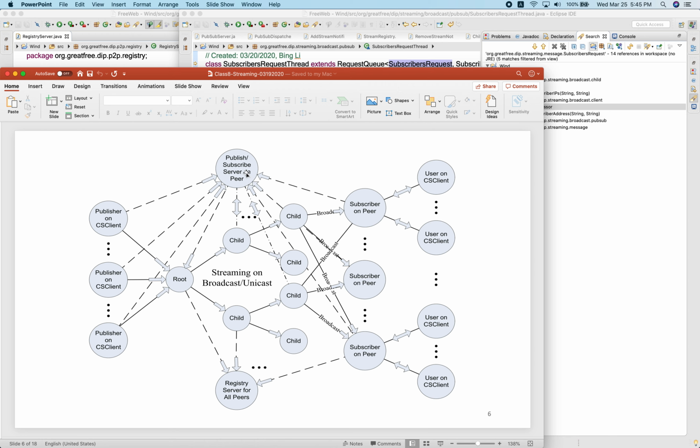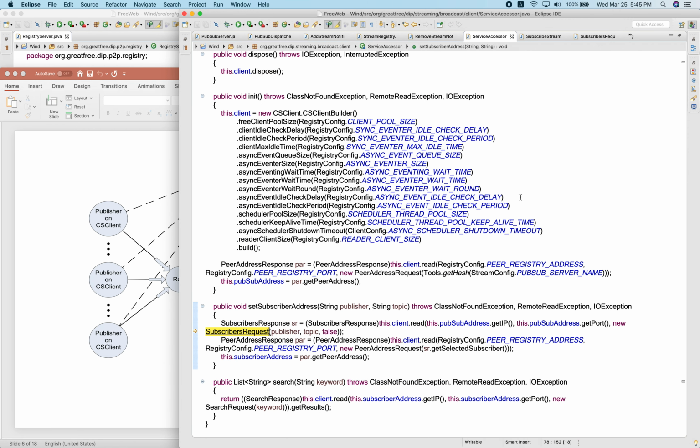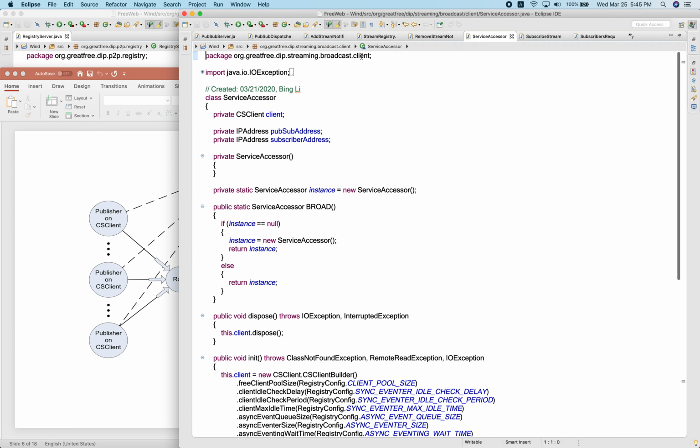Why does the clan need to interact with the publisher? Well, okay, I missed the one connection between the user and the pub sub server. Actually, that's necessary in this case. You can see here, this is the clan.